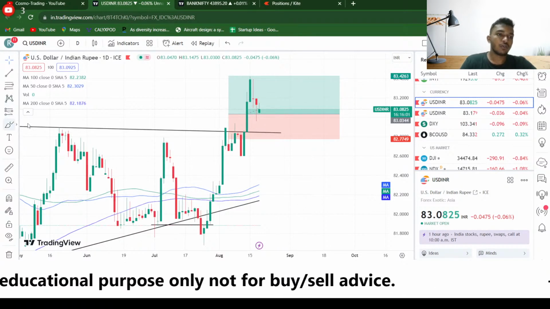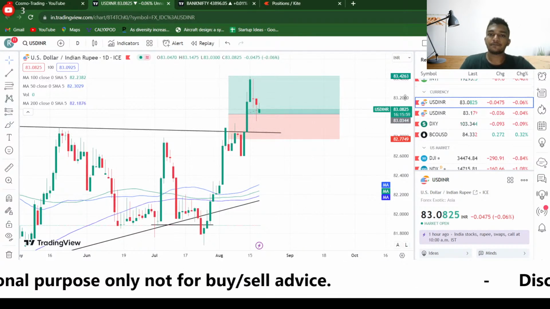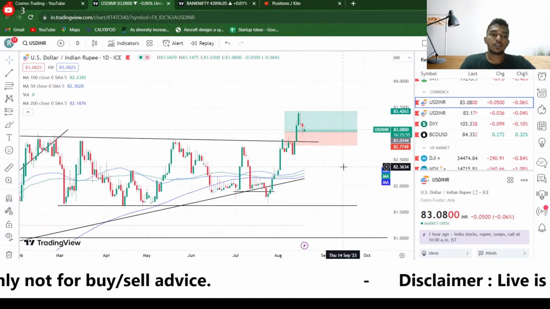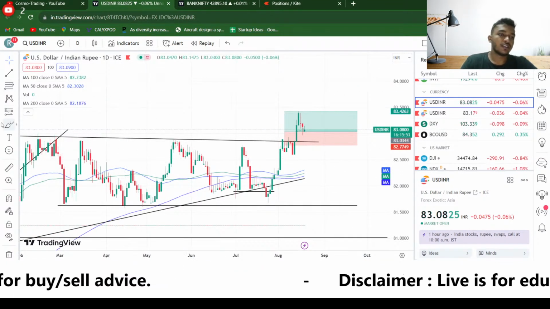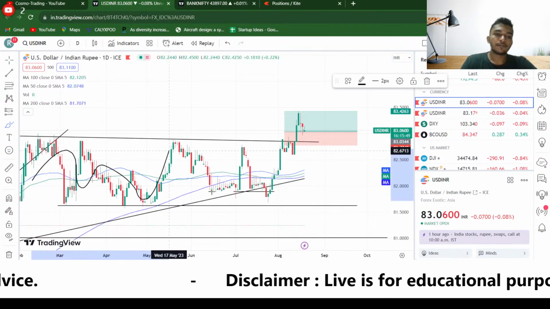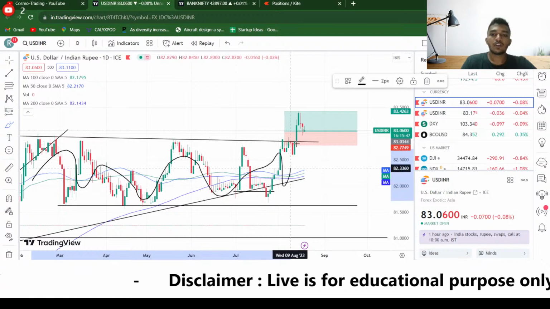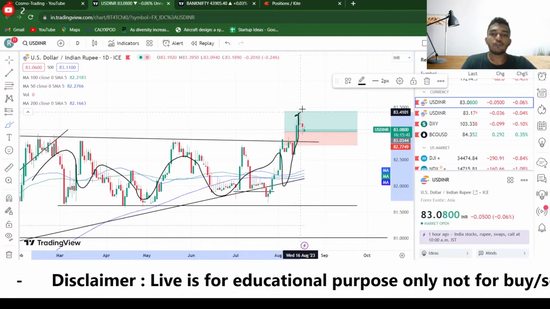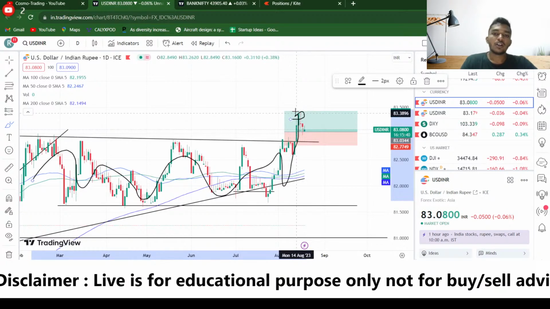If we take a look at the USD INR, it was in this consolidation area. Now it has broken this consolidation area. It was continuously forming new all-time high areas.